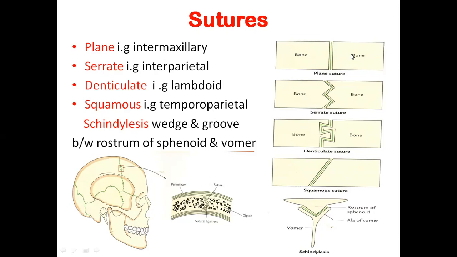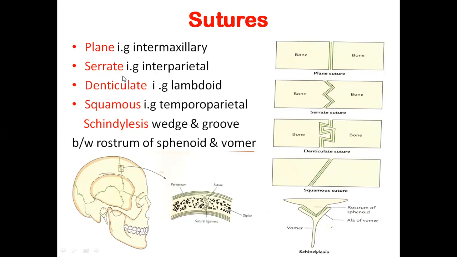Two bones are united with each other, and an example of this type of suture is the intermaxillary, that is between the two maxillae of the skull bones.